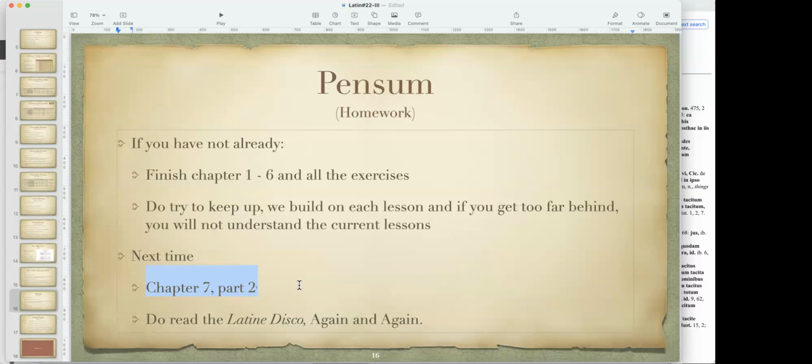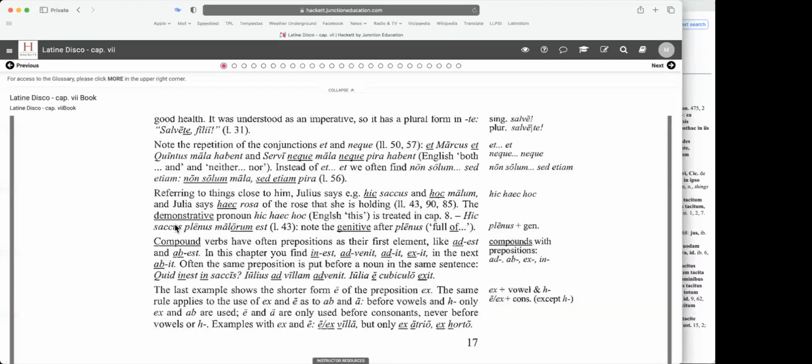And so I finally got on the chat with the Hackett folks, and I forget who actually runs the website. Junction Education. Yeah, that's right. Okay.